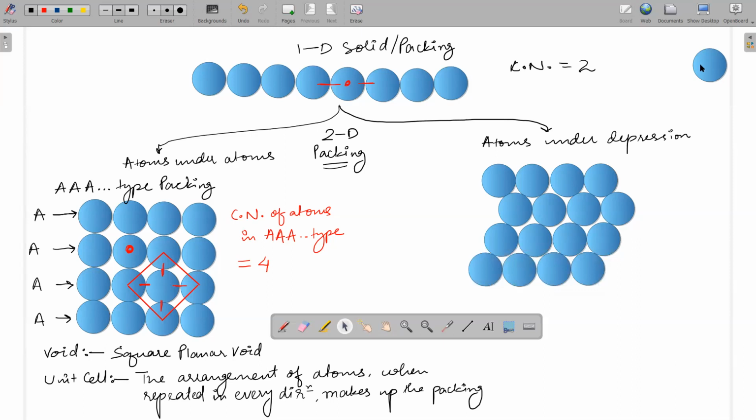Yes. So just to make things look pretty, I'm adding one atom here.